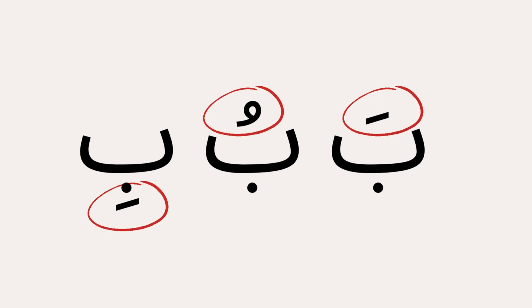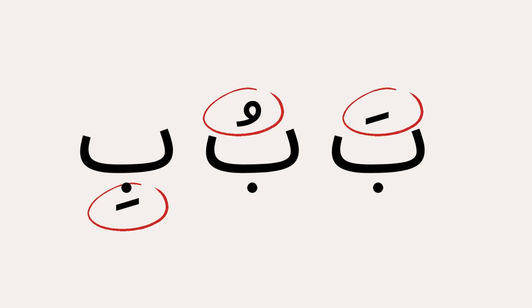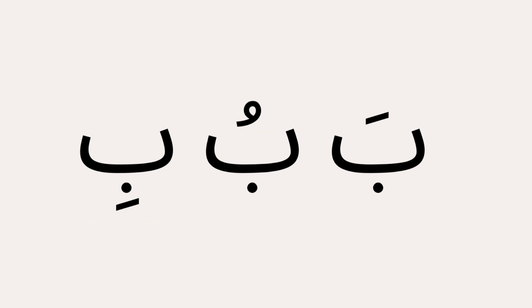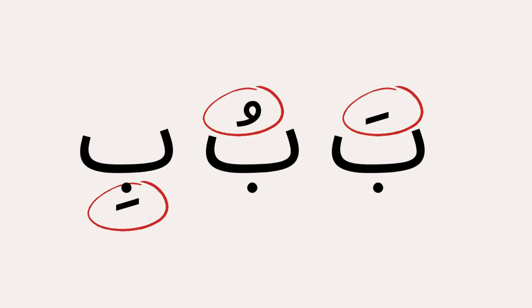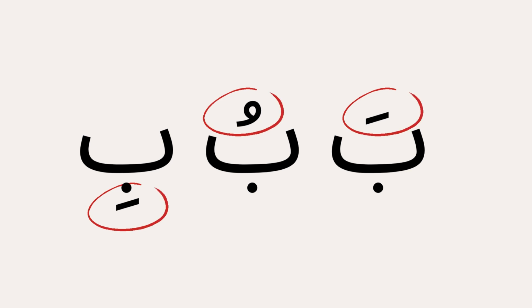They are just marks we put above or below every Arabic letter to produce different sounds, and those sounds are vowel sounds. For example, here on the right, we have a mark like a small dash. We put it above the letter, and it makes the letter pronounced with an a sound. So this will be ba.